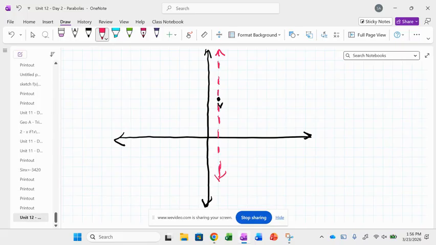And then we're going to have a focus of 1, 6. I'll put an F here for focus. I'm going to have a directrix of y equals, was it 2? Y equals 2. Okay.